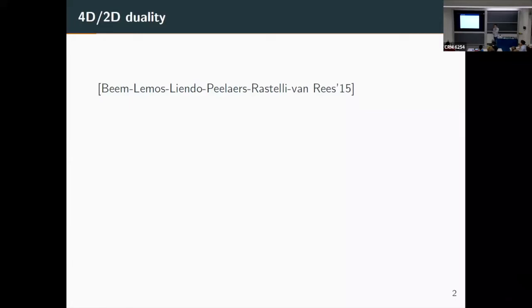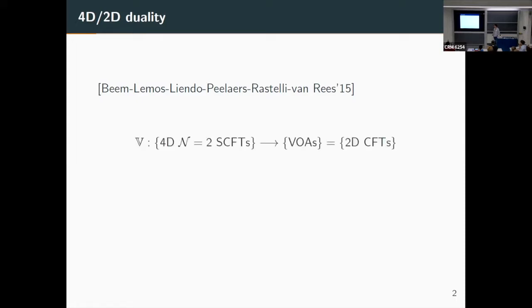So what they did was that they constructed a map or functor from the category of 4-dimensional N=2 superconformal field theories, whatever it is, to the category of vertex operator algebras, which we identify with the category of 2-dimensional conformal field theories.